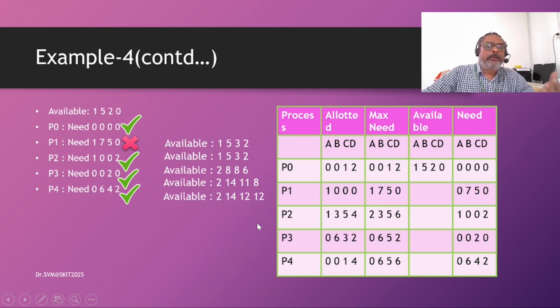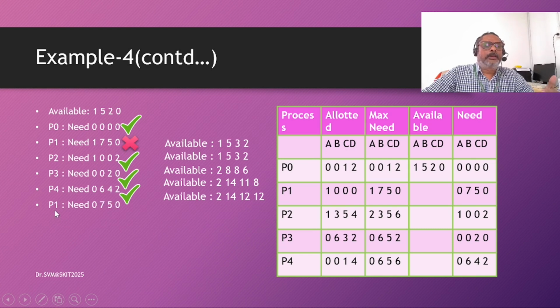Now what was pending? Pending was P1, because it wanted 1750. At that time B did not have 7 instances, but now yes, we have 14 instances of B and 5 were required. Now we have 12 instances. That means this whole thing 1750 is less than what is currently available.